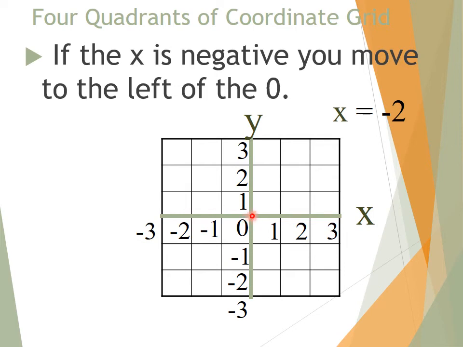If we go along the y-axis, this is 1, 2, 3, and so on. And if we go downwards along the y-axis, this is 0, this is -1, this is -2, this is -3. This is how we have to write in the graph paper as well. So since the value of the x coordinate here is negative, we will move in the negative direction to -2.